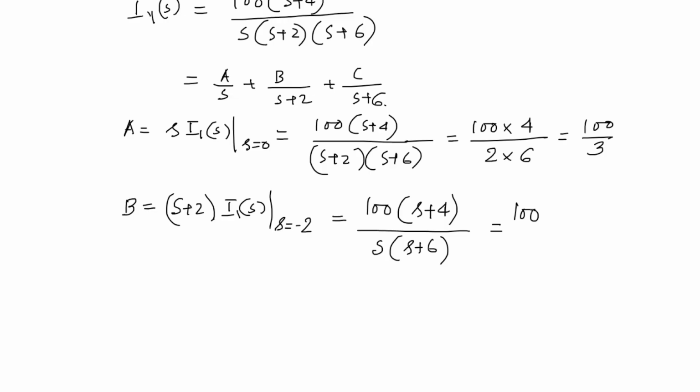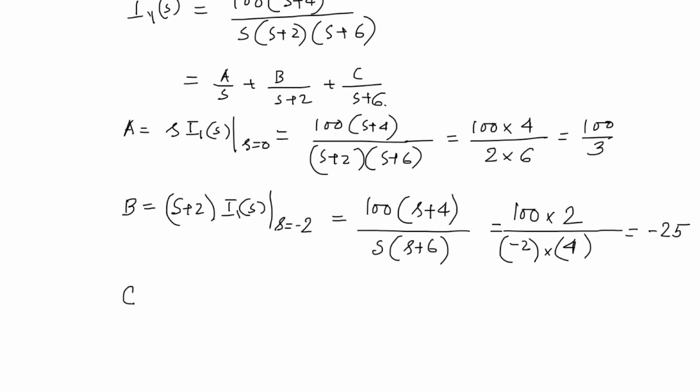Let us substitute s equal to minus 2. In the numerator we have 4 minus 2, which is 2. In the denominator we have minus 2 into 4. So we have the answer minus 25.